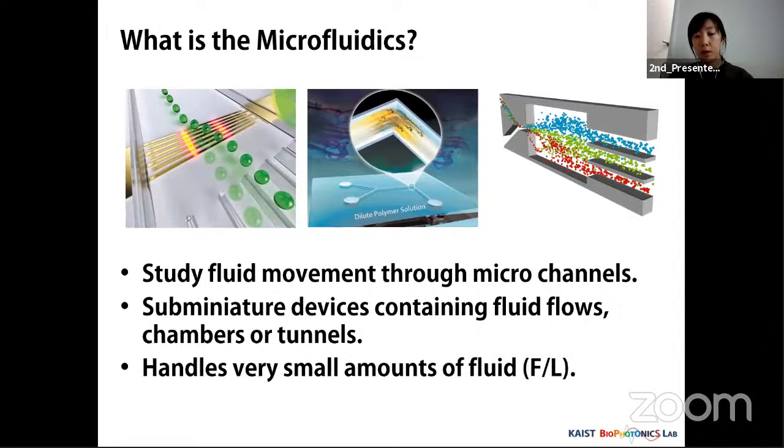First, the concept of microfluidics. Microfluidics is a field that studies the flow of fluid in the chamber or tunnel inside the microchannel. The fluid used here is usually a very small amount, and the unit is usually femtoliter.